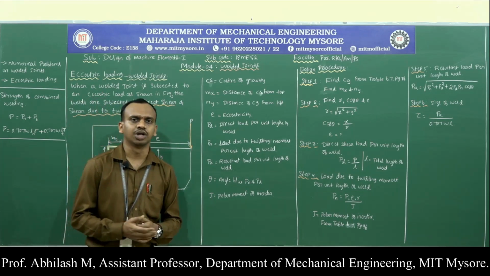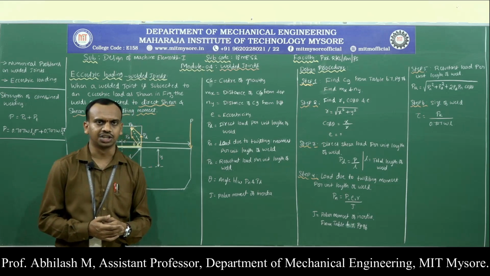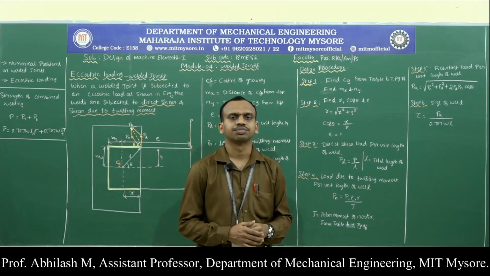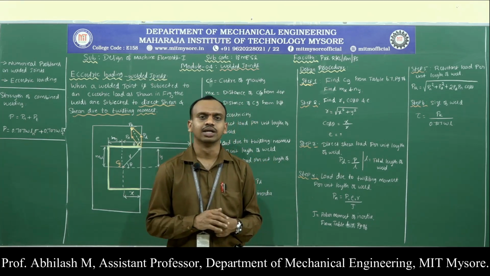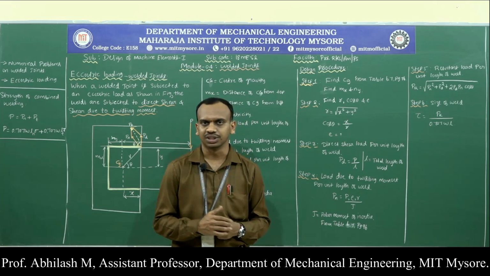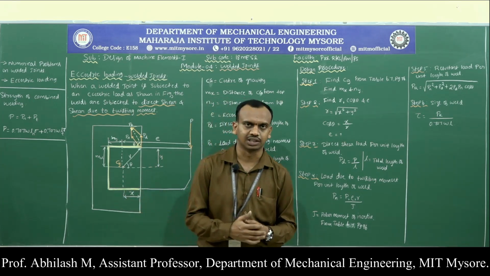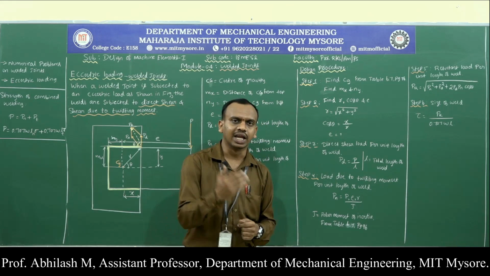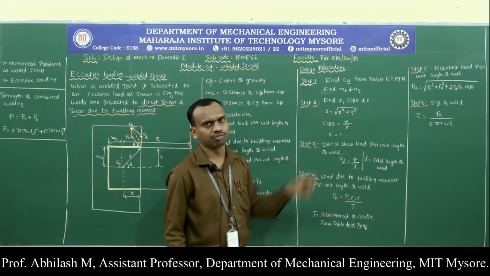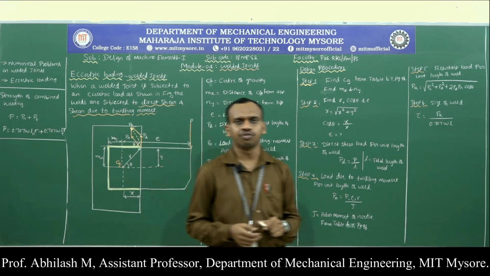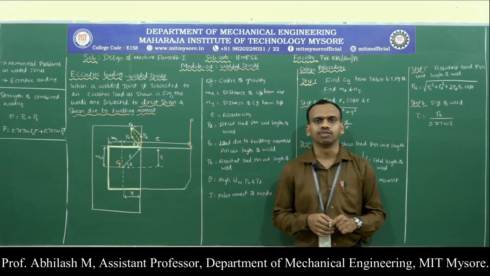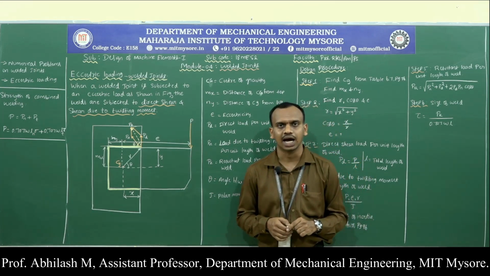So whenever a welded joint is subjected to an eccentric loading condition, we are supposed to make use of the design procedure. It's a 6-step procedure, which is very simple, in order to design a welded joint subjected to this kind of loading conditions. To begin with, in any problem, the first step is to identify the center of gravity. How to identify the center of gravity for the welded joint? In order to do that, we are supposed to refer to our design data handbook.